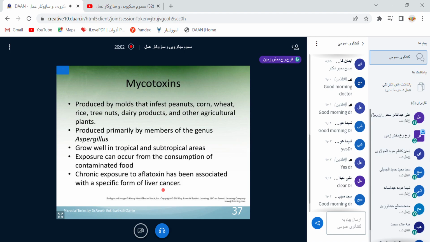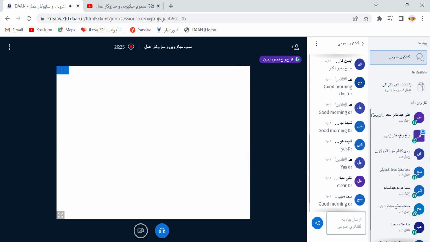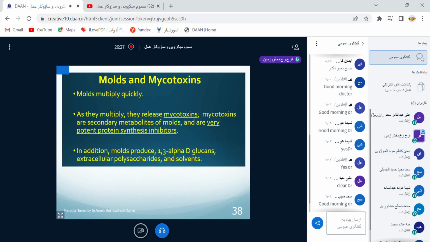So it shows these poisonous substances can be effective on the DNA and chromosomes, and the DNA and chromosomes of cells are mostly affected. The liver is mostly affected by mycotoxins, and liver cancer is the most probable outcome compared with the other problems.